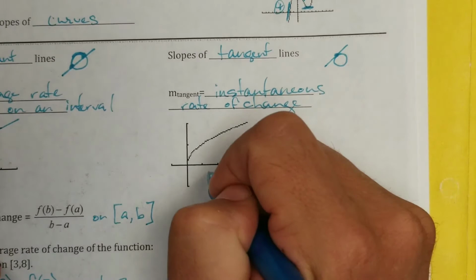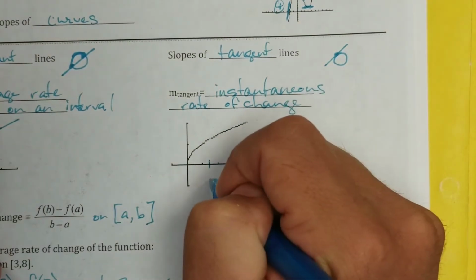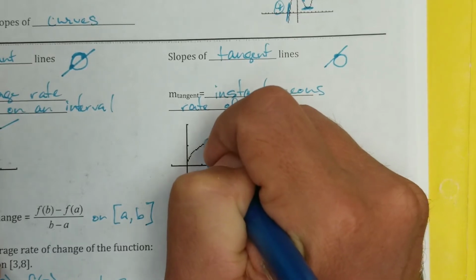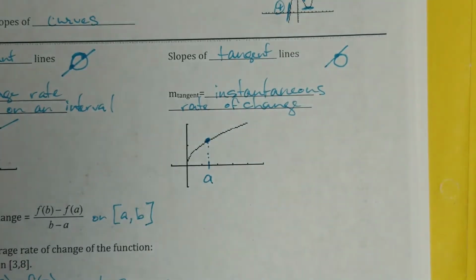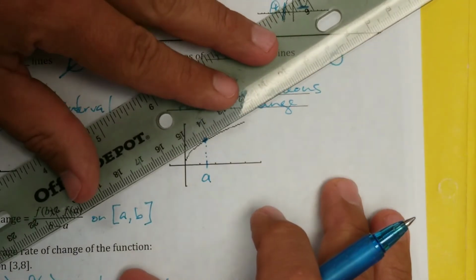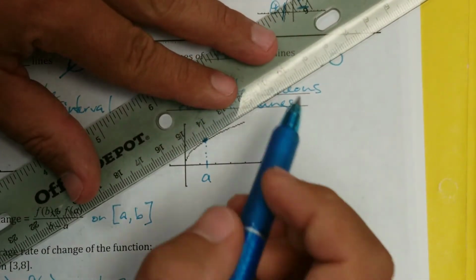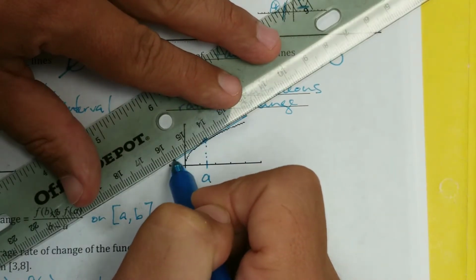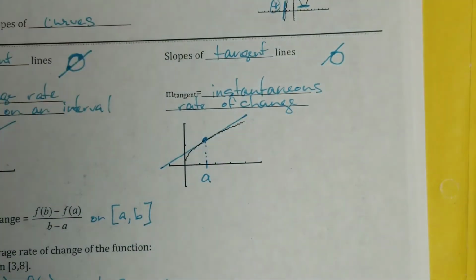So this is at a specific time, so we'll just call this A. What is the slope of the curve at x equals A? Well, we need the tangent line because it's only going to touch it at A right there. So we would have to find the slope of that line. Okay. And again, like I said, I'll talk about that a little bit tomorrow.